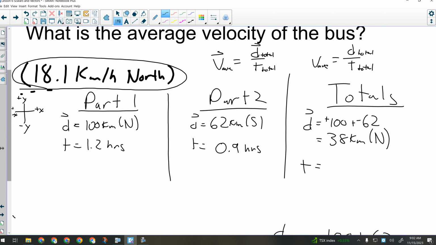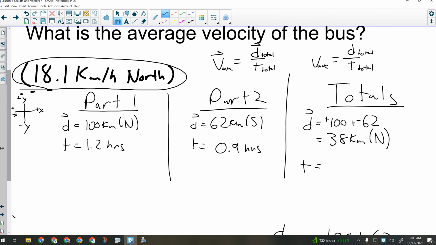Do I need to, what do I need to do with the times? Add them together. Do I need to make the south time negative? No, I better not, because if I make time negative, what have I done? I've gone back in time. It's saying that it took me negative 0.9 hours to go positive 62 kilometers, or something ridiculous like that. Time is never going to be negative because time always goes forwards.